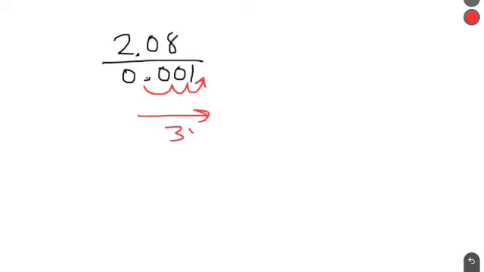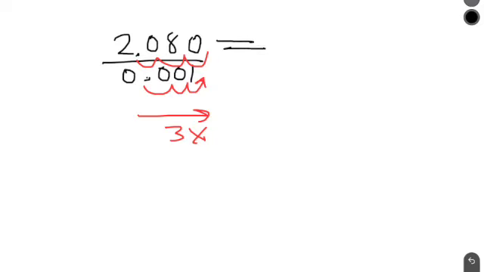And however many times we move it over in the denominator, we want to move it over in the numerator. So we move it over 1, 2, 3, being very careful to add zeros, to ensure that we have the same number of digits in the numerator as in the denominator.